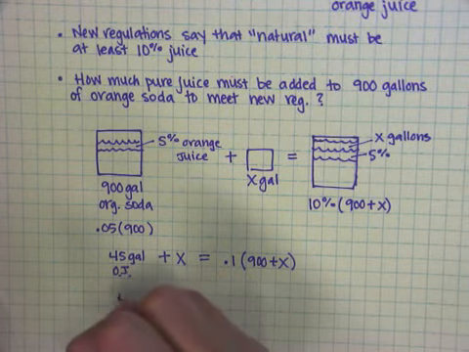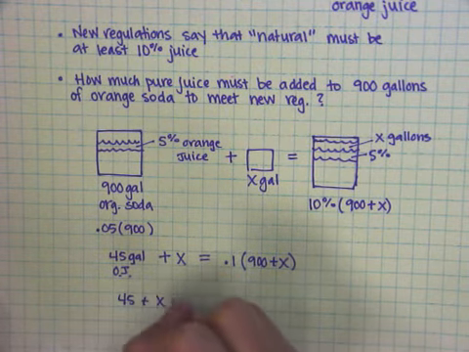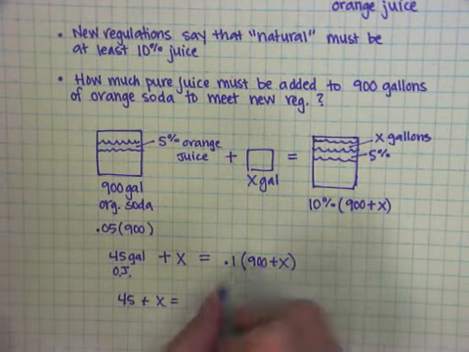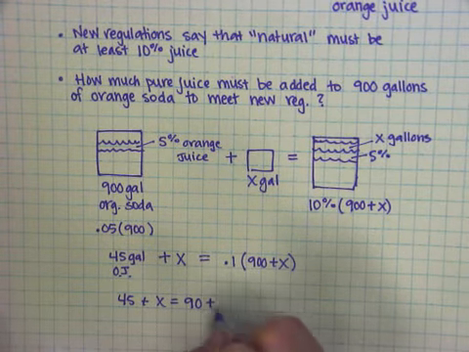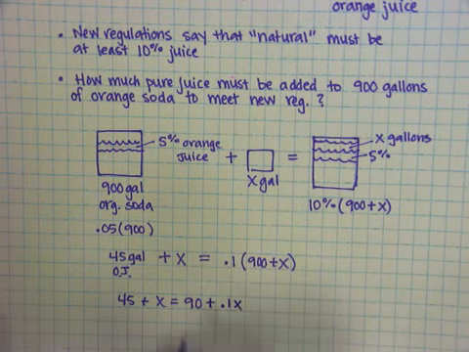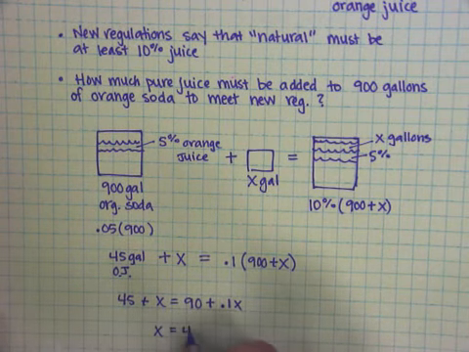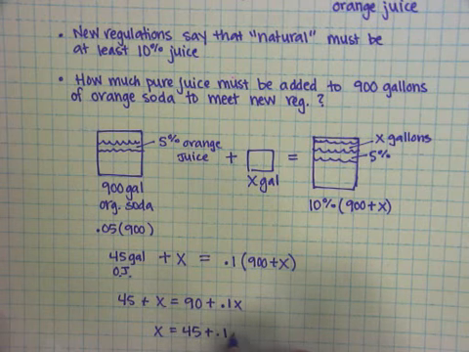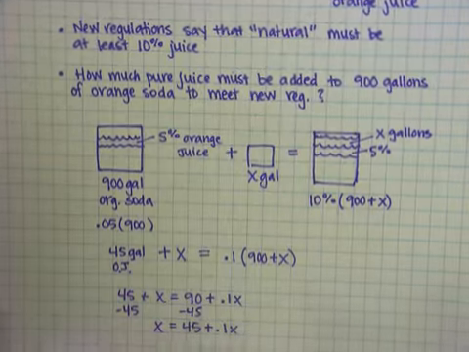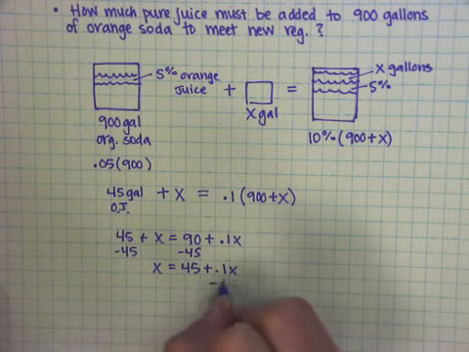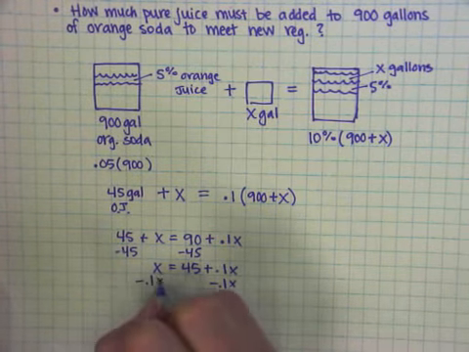So when I go to solve this, I have 45 plus X equals, let's see, 10% of 900 is 90, and then plus 0.1X. I'm going to take 45 away from both sides. So I have X equals 45 plus 0.1X. Then I'm going to subtract 0.1X from both sides.